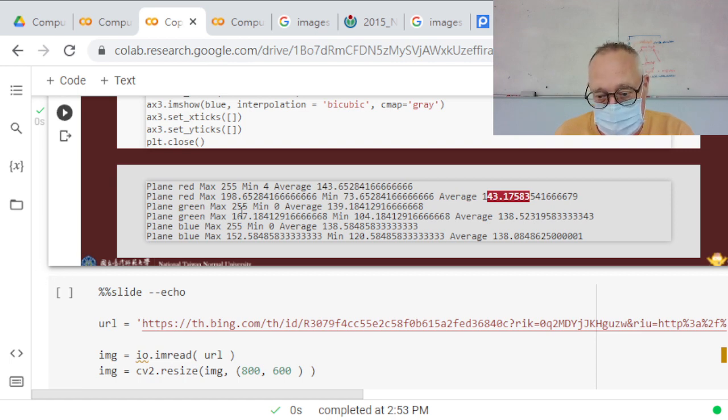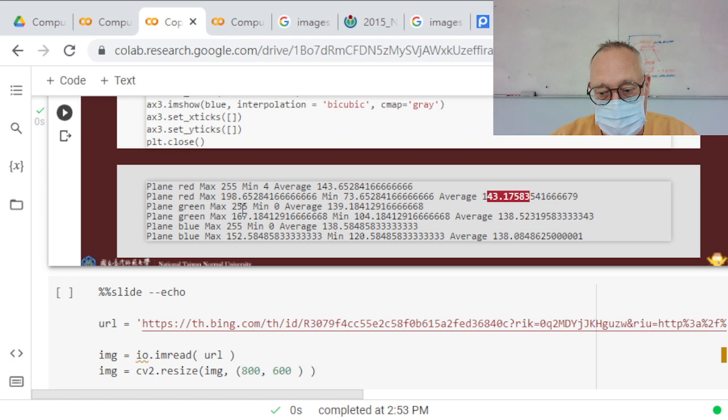The green channel was from 0 to 255, so it used the entire 1 byte of color information, with an average of 139, and then I compressed it by 4. So now the pixel values only go from 104 to 167, and about the same average.